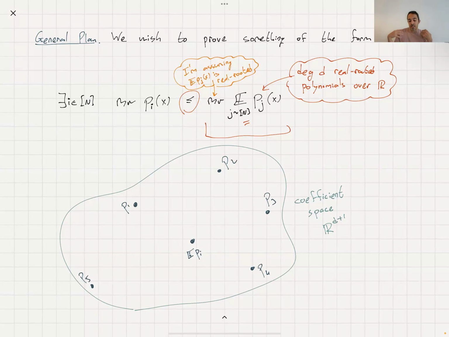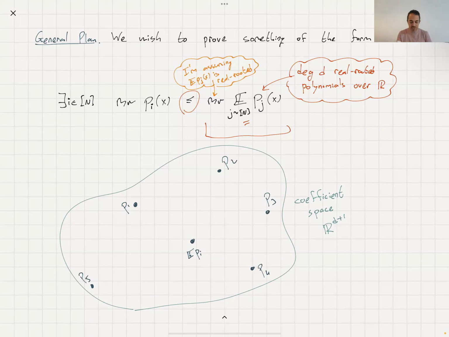So the whole game occurs in the coefficient space, right? The expectations and so forth. If you are looking at degree d polynomials, you should think of each polynomial as a point in R^(d+1).